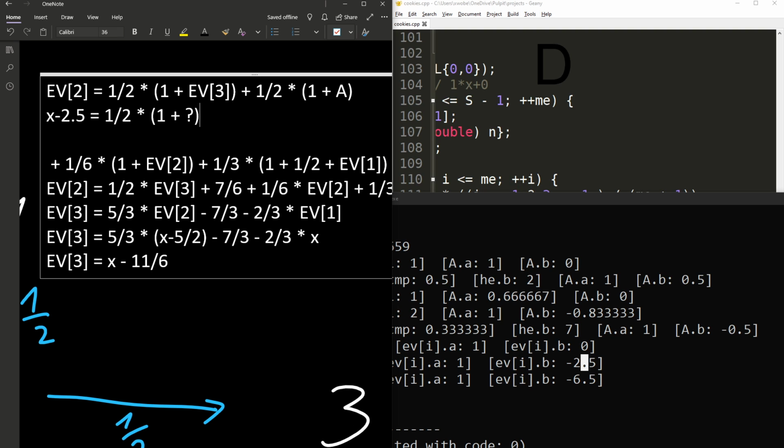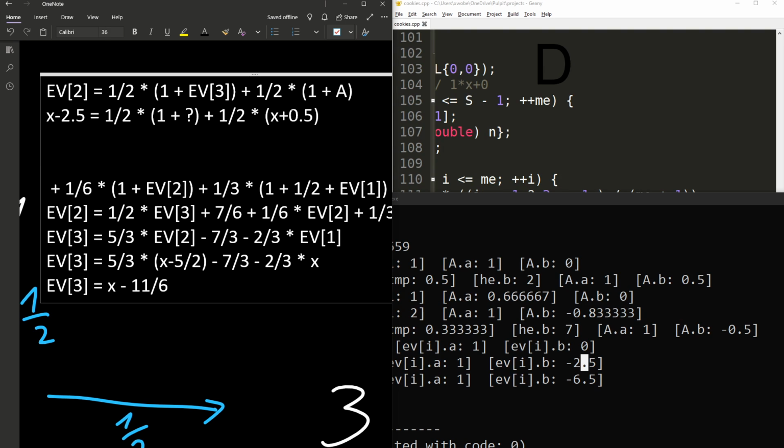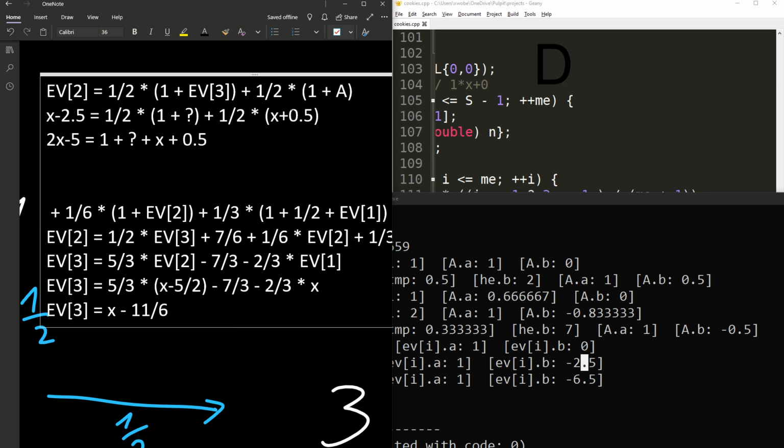I want to compute the question mark. A is x minus half plus 1, it will be x plus half. Multiply both sides by 2. And what is the question mark?